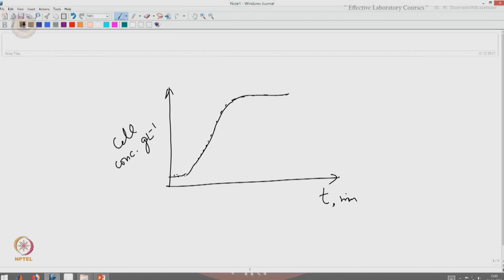In many situations, the cells could be at a stage where they do not see a lag phase at all. Therefore, their growth could be something like this. Sometimes maybe somebody dropped something in there, therefore the cells started dying out, and maybe they never recovered, or maybe they recovered after some time and grew slowly.